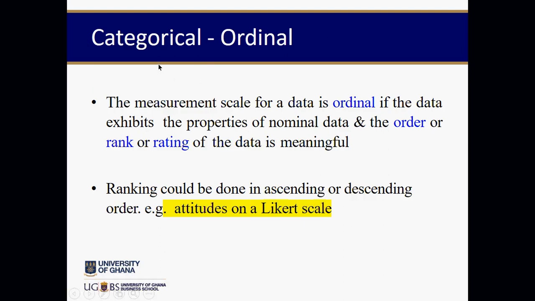The first type of categorical data we spoke about is nominal, which normally has, let's say, two possible outcomes. Gender can be either female or male.